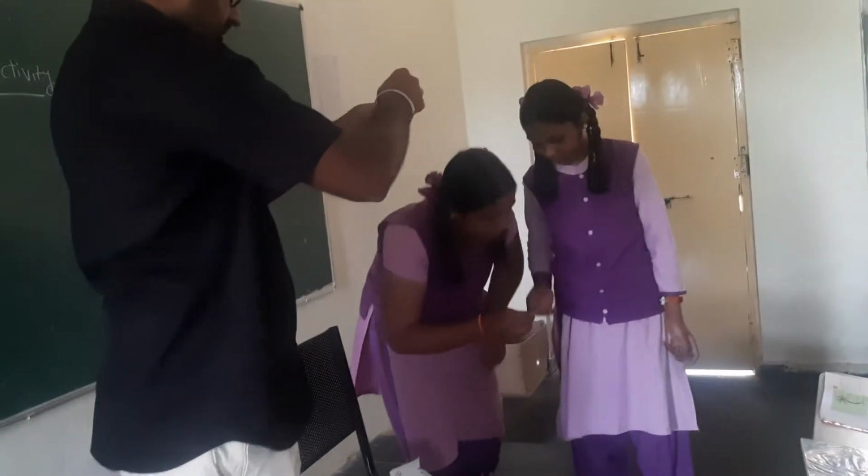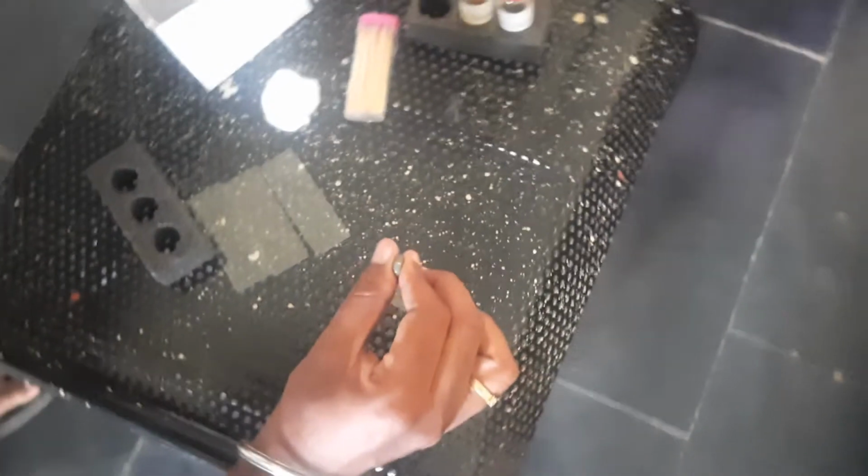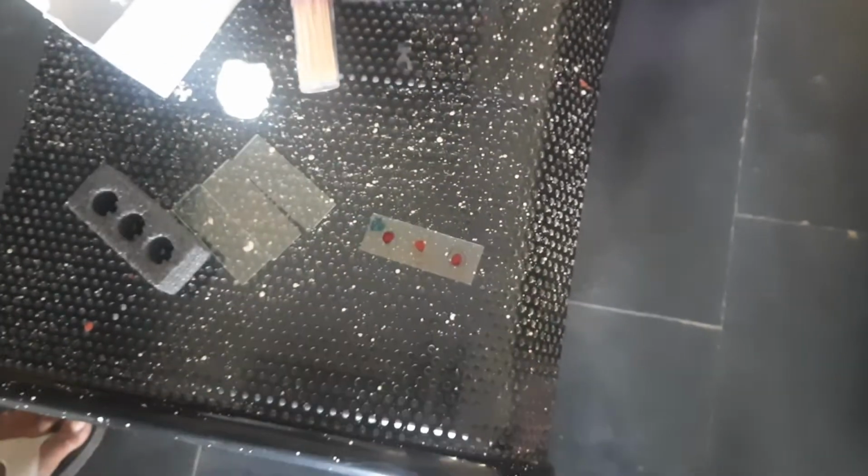Now what do we need to add? I am adding 1 drop of anti-A sera to the A circle.